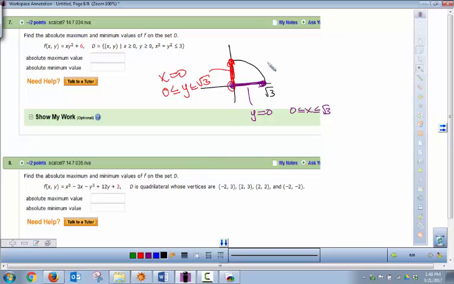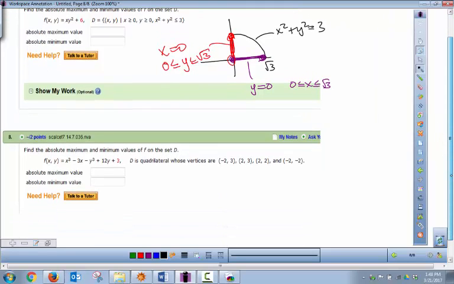And then here you just need to plug in your function. x squared plus y squared is equal to 3. What you might want to do is either solve for x squared or y squared and put it back into the function to figure out what's going on there. Okay? So if I'm looking at this function, I see there's a y squared over here, so I probably want to solve for y squared and replace it. So f of x, y equals x y squared plus 6.